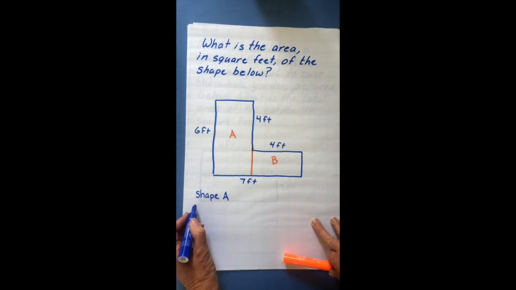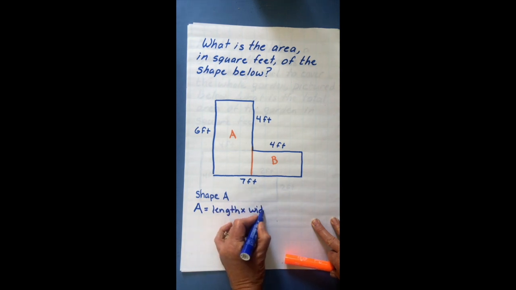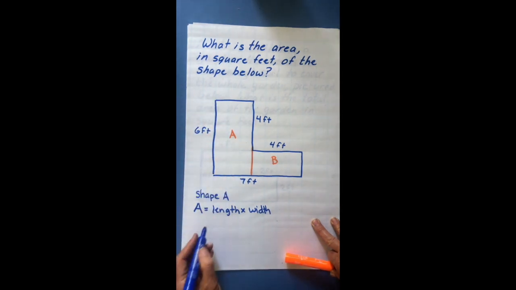Area is the squares or length times width. I don't have squares here, so I have to do length times width. Now sometimes the length and width are hidden. Looks like the length isn't hidden, so I know that is 6 feet.